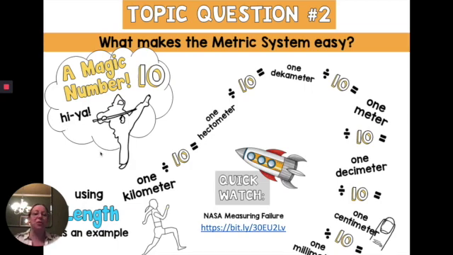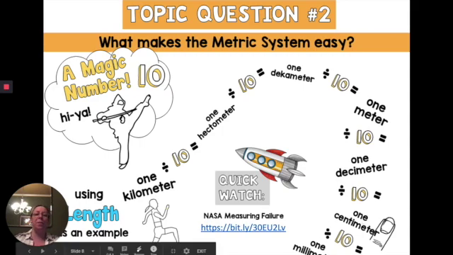So using length as an example, 1 kilometer divided by 10 is 1 hectometer. 1 hectometer divided by 10 is 1 decameter. 1 decameter divided by 10 is 1 meter. 1 meter divided by 10 is 1 decimeter. And 1 decimeter divided by 10 is 1 centimeter. 1 centimeter divided by 10 is 1 millimeter, and so on and so forth.